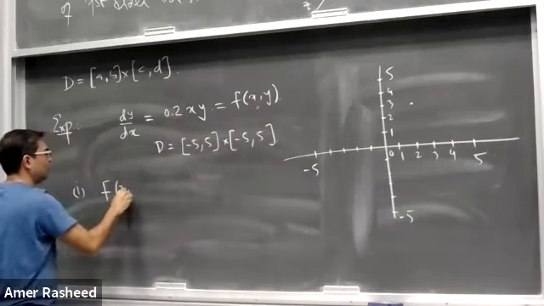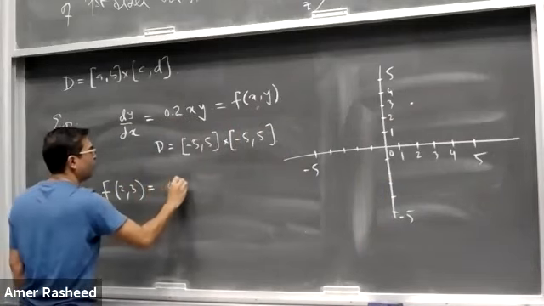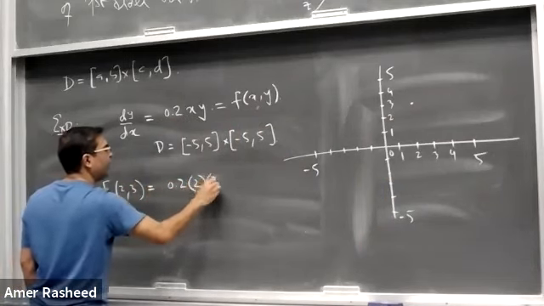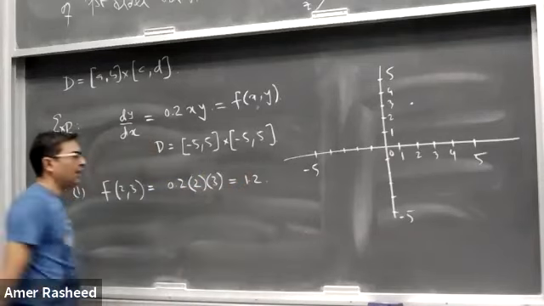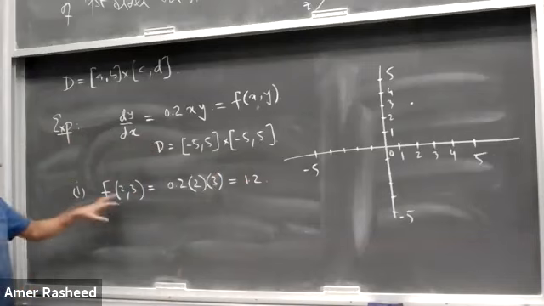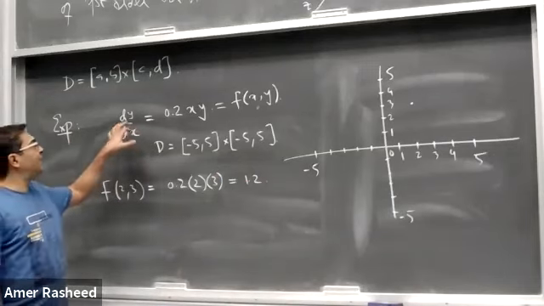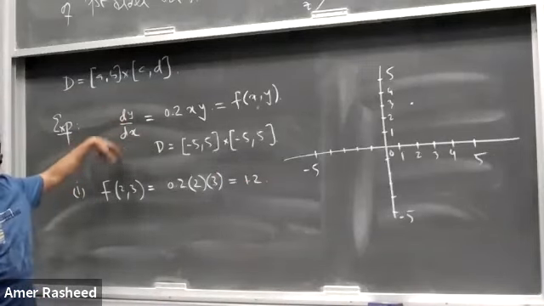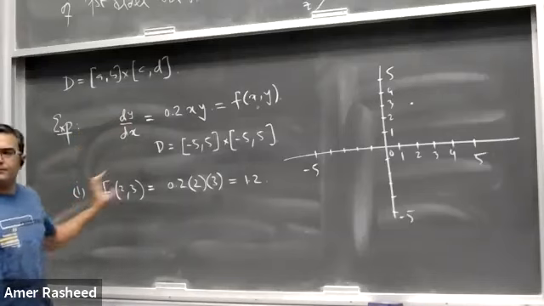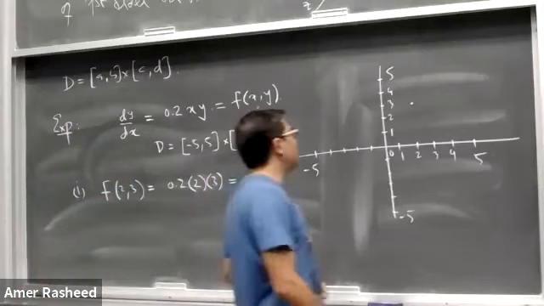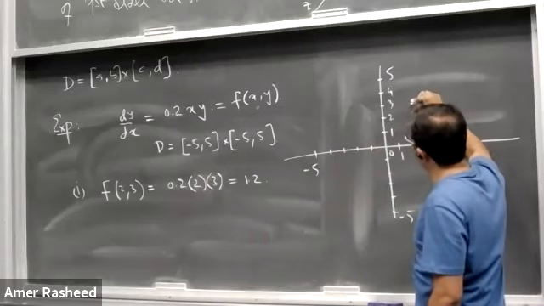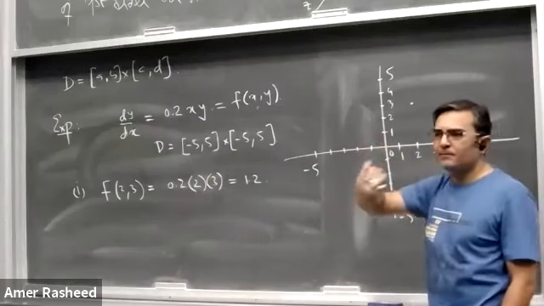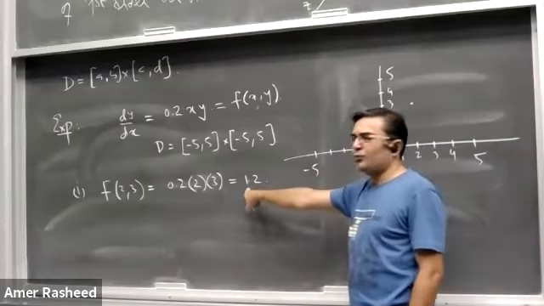at 2, 3, it will be 0.2 times 2 times 3, which is 1.2. Now, what is this? It is your f of x, y, and it is the derivative dy by dx. It's a slope. At this point, you draw a line segment, a small line, which has a slope 1.2.